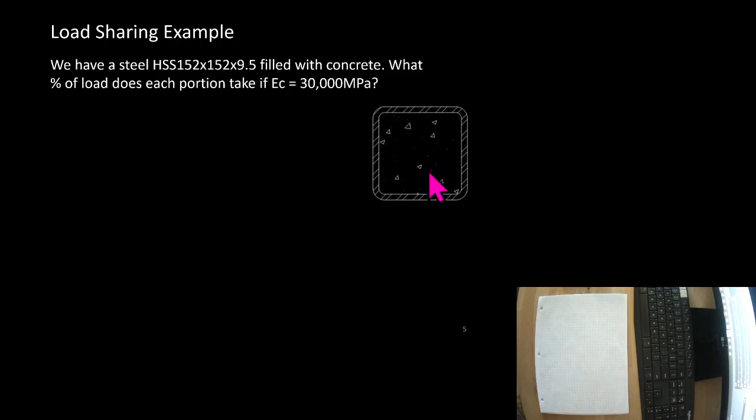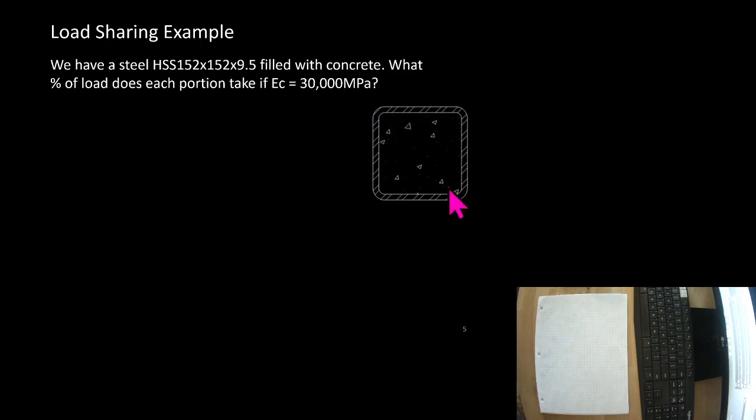If this was filled with bubble gum and this was steel, and they both moved together, some load would go to the bubble gum, but most of it would get carried by the steel. So more load would go to the steel. So it's not just about area, it's also about stiffness. And I know that steel is much stiffer than concrete. So that throws off what my intuition is going to be.